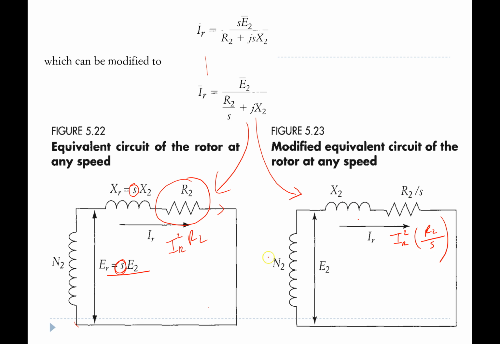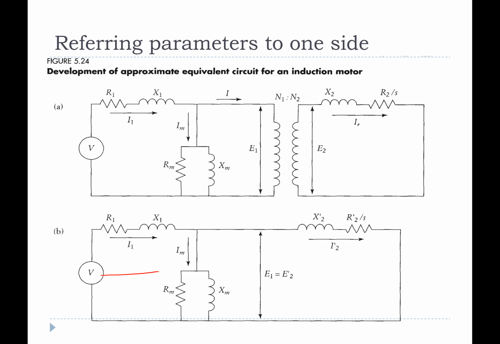So this circuit now captures both the electrical losses in the rotor and the useful power which is converted to mechanical energy. So R2 on S represents both the electrical losses and the mechanical power, and that is why it is fundamentally different from this circuit, even though you just divided by 1.